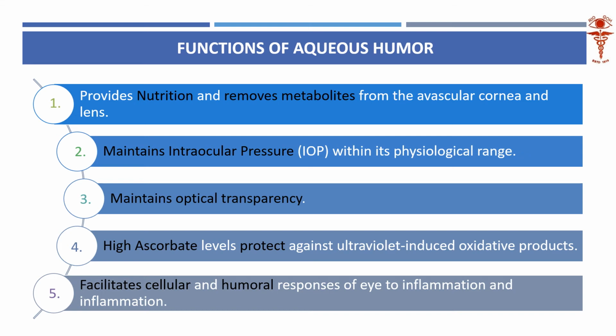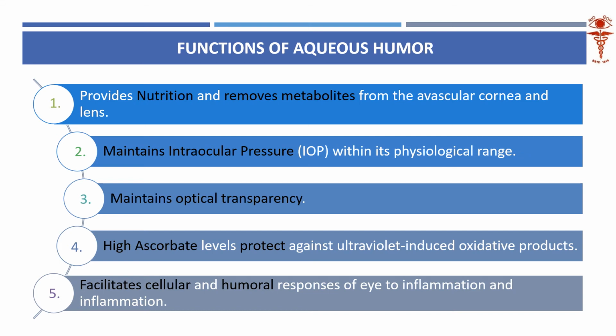Similarly, the aqueous humor is also a medium where the metabolites of these structures are removed. Here I'll have to tell you a point. I told you the lens and iris are avascular. So any avascular structure will go through anaerobic metabolism.